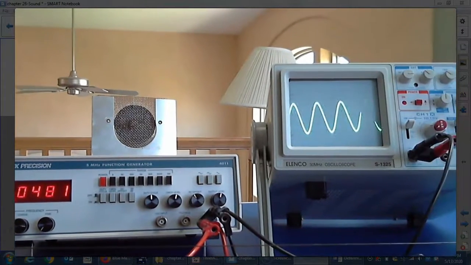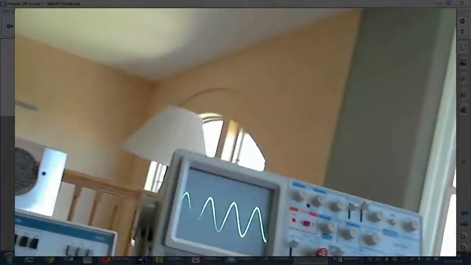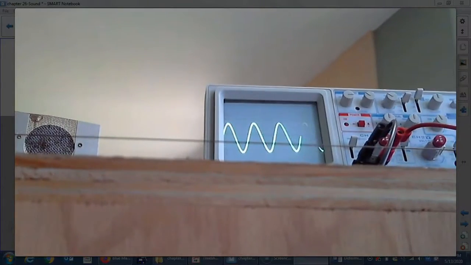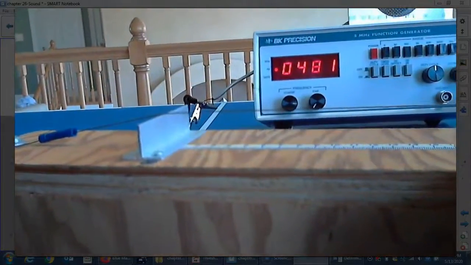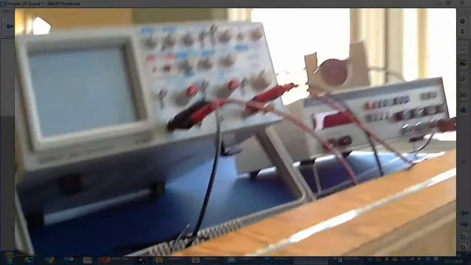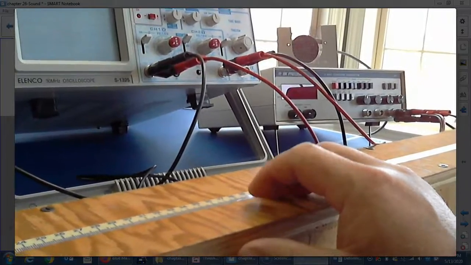I also have my guitar here. My one-string guitar. I showed you that the other day. If I just leave it from here all the way up to there, that's one long wavelength.